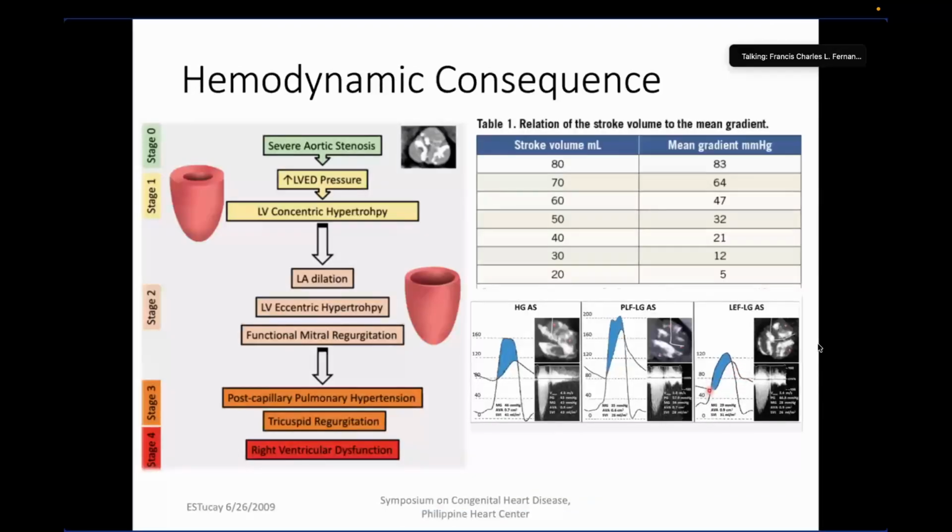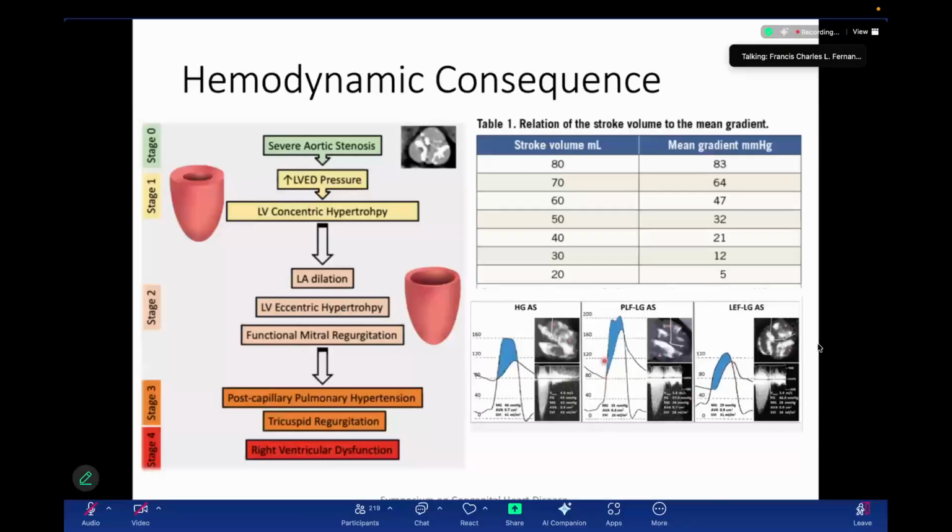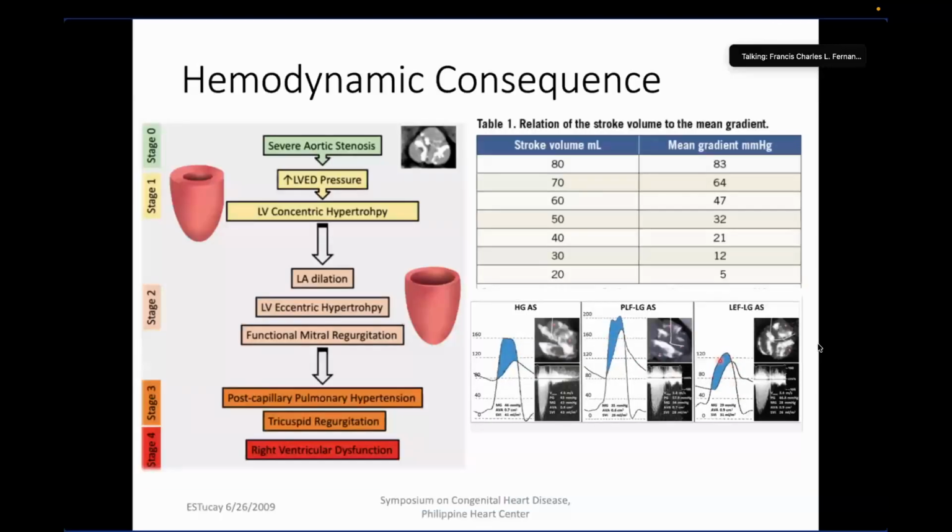You see the sharpness of the steepness of the aortic valve signal as the left ventricle weakens. Mahina na rin ang exit niya. Here, the sharpness and peak show that the left ventricle is still strong. However, at the end spectrum of the disease, you have a low flow, low gradient.